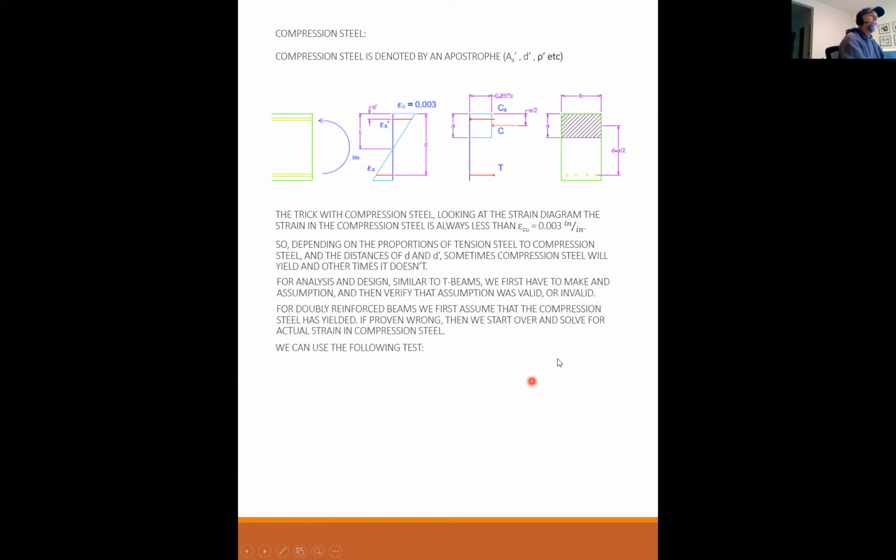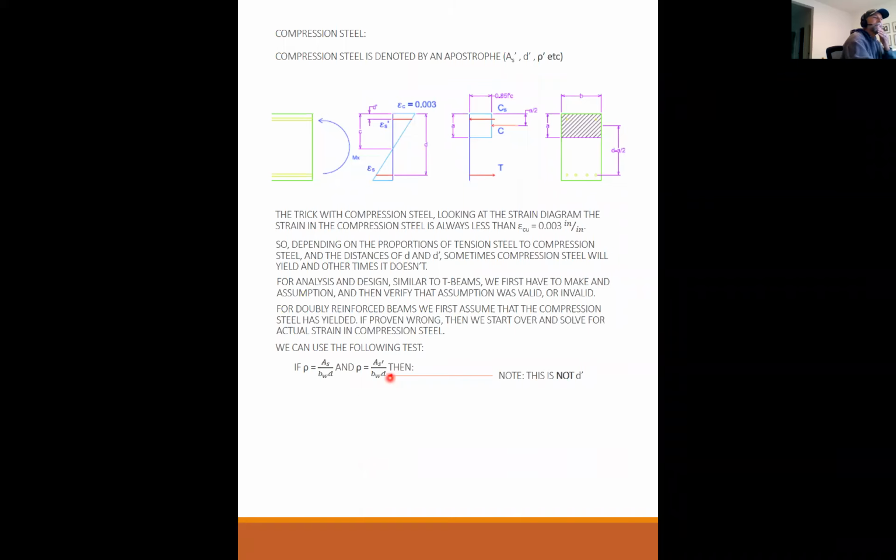We can use the following test. If rho equals A s over b w d, and that's a typo. That's a pretty important one too. That's supposed to say rho prime. And rho prime equals A s prime over b w d, then, and this is important too. Unfortunately, I biffed, that's supposed to be rho prime right there.